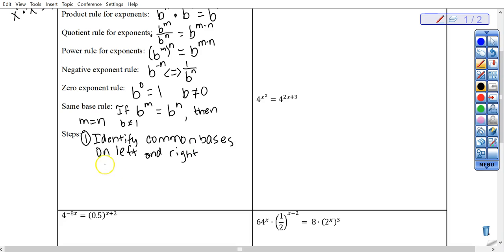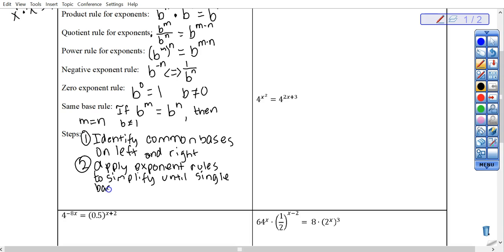And then, of course, you're going to have to apply any exponent rules that'll help simplify the left and the right, to simplify until you have a single base on each side.